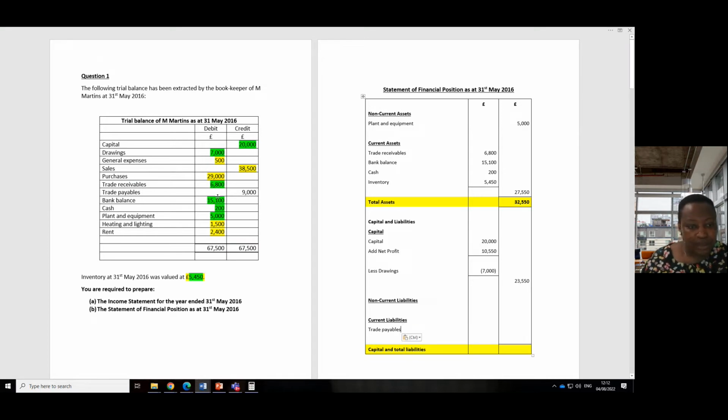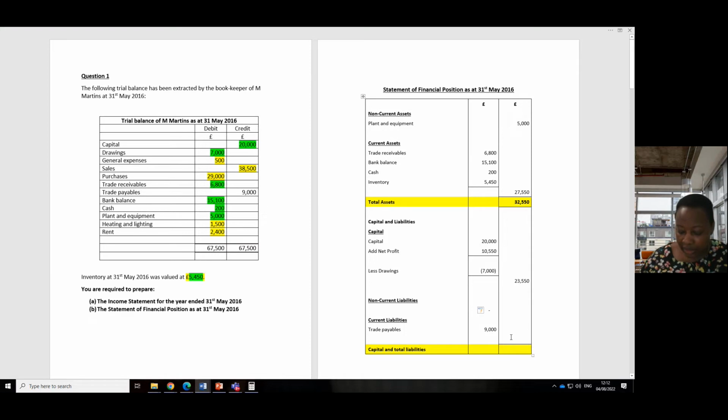And that amount is 9,000. We don't have anything as non-current liability. So that's done. So we're taking 9,000 here.